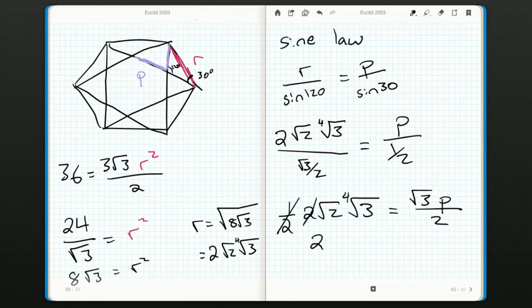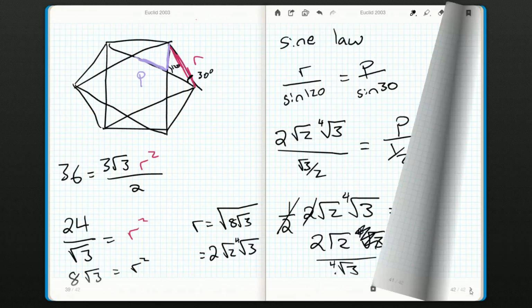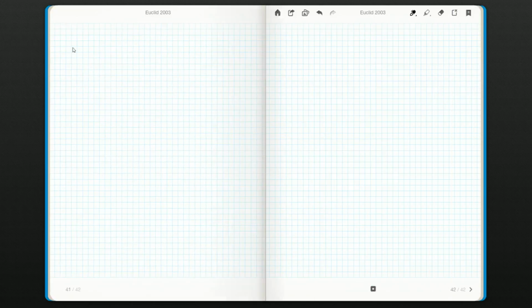We can bring a 2 over, so we'll get 2 root 2 4th root of 3 is root 3 times P. And we can divide by root 3 on both sides. So the root 3 over 4th root of 3 is just the 4th root of 3. So we can get rid of that and put the 4th root of 3 there on the bottom. Okay, so now we know what P is, that purple length. We can plug that into our area of a hexagon formula.